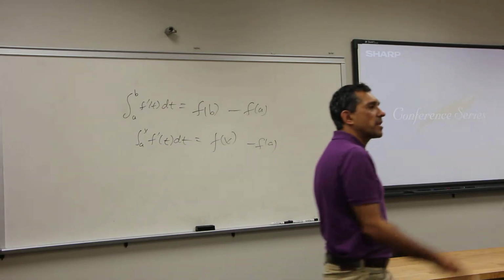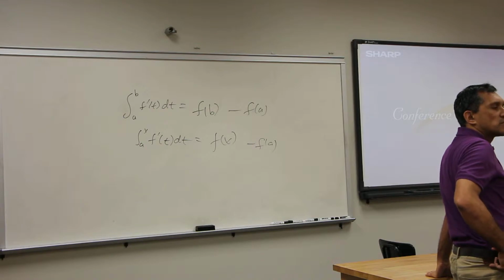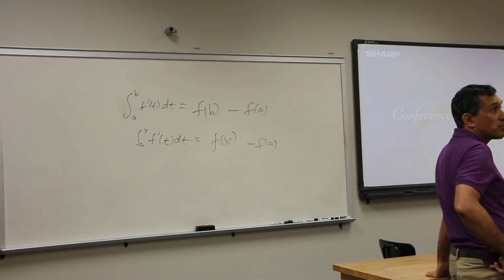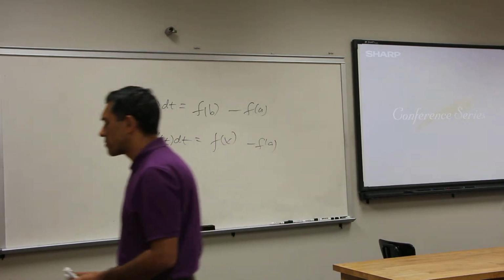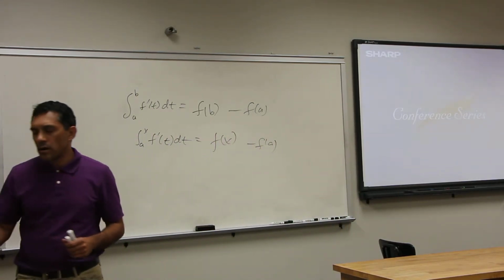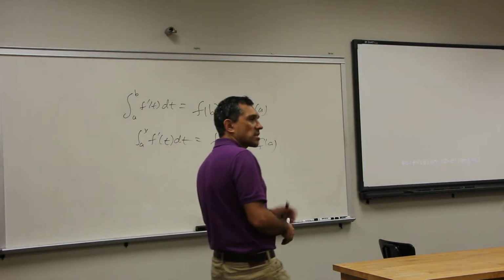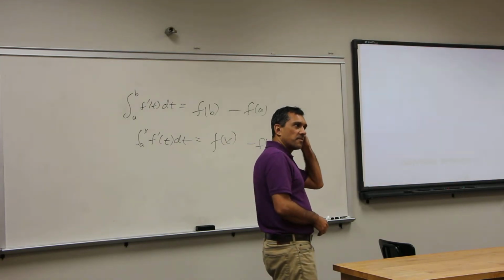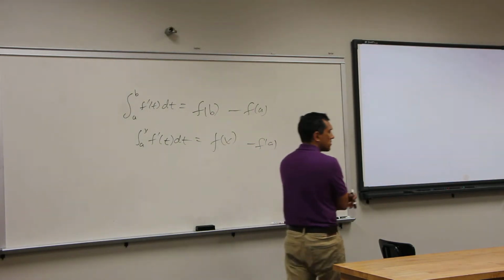So, if somebody asks you to find a function from its derivative, you will say, well, there are many things that will differentiate to the thing that you are asking me to find the antiderivative or the integral.